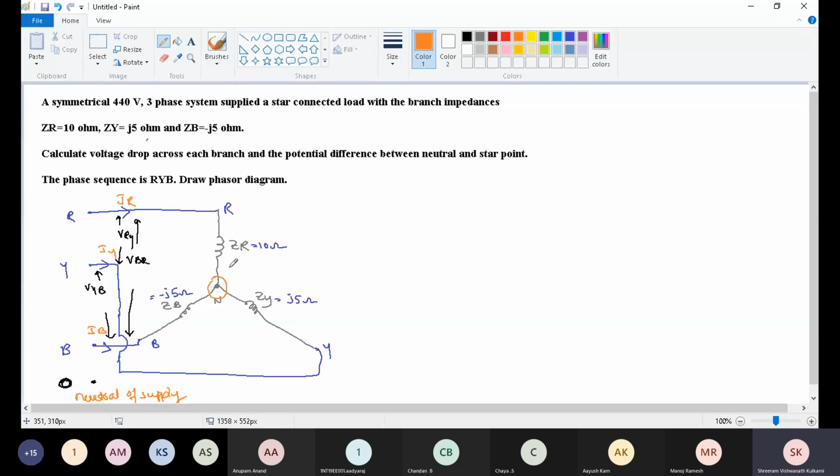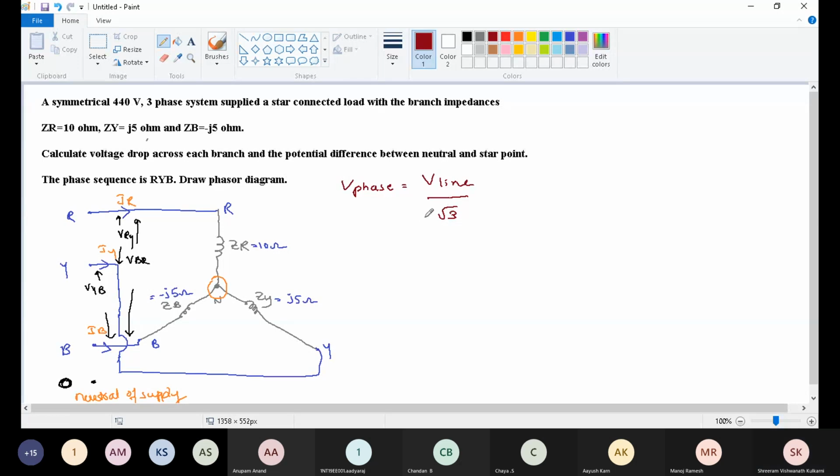See, this 440 is phase or line voltage? Whatever voltage is given in the problem, always it will be a line voltage. We know the formula for line voltage and phase voltage: V phase equals V line divided by root 3 for star connection. Correct or not?